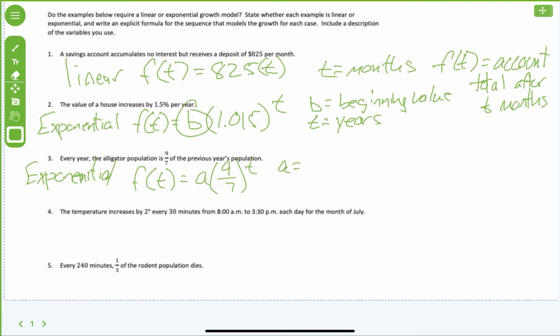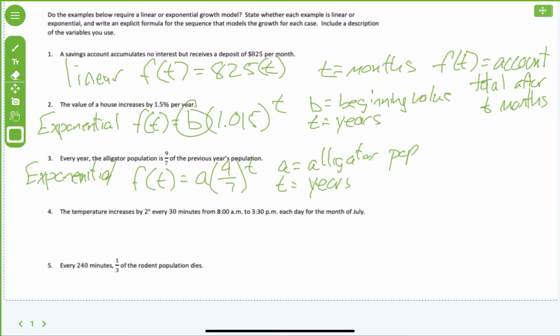A is equal to the alligator population, and T is equal to the years. And then, of course, F of T is going to equal the amount of the population after that year. Everybody got that? Got a little bit better of an understanding for exponential growth and explicit formulas here.